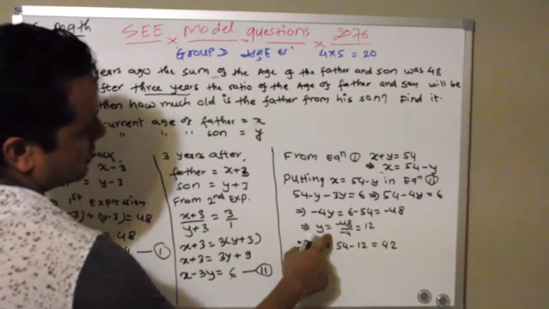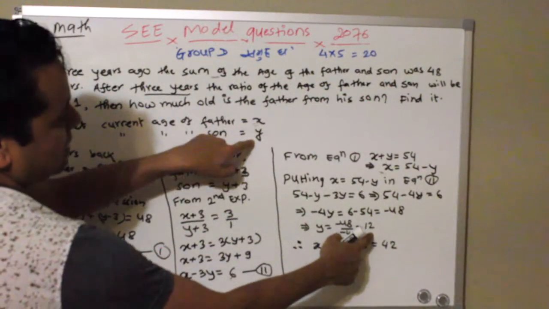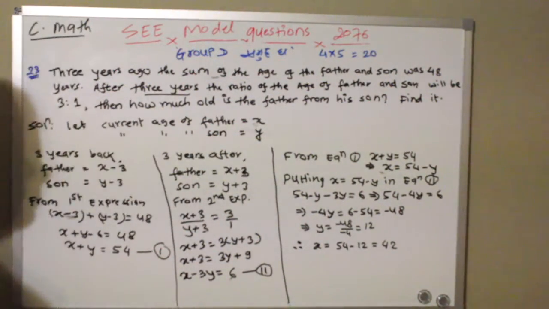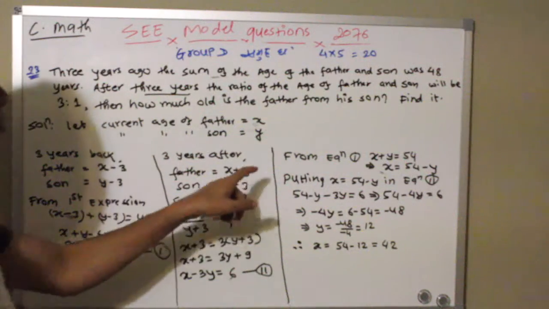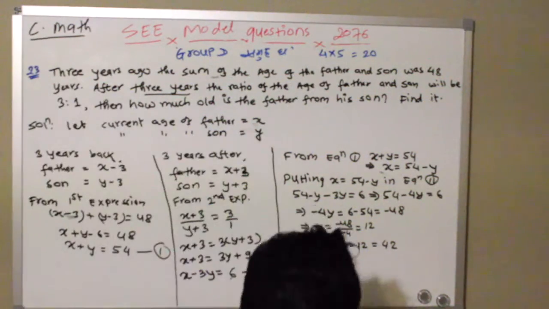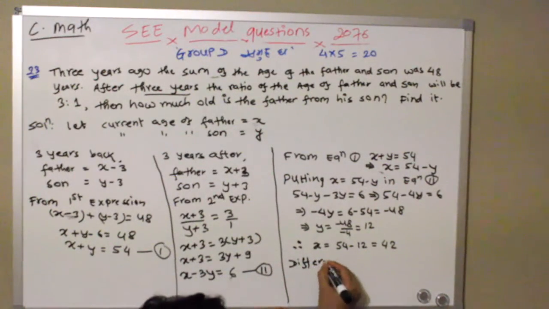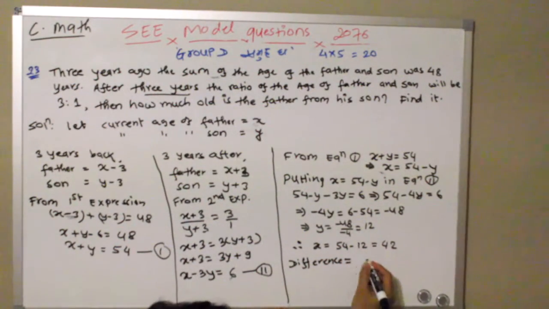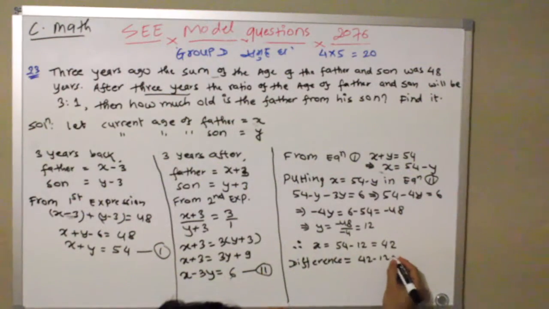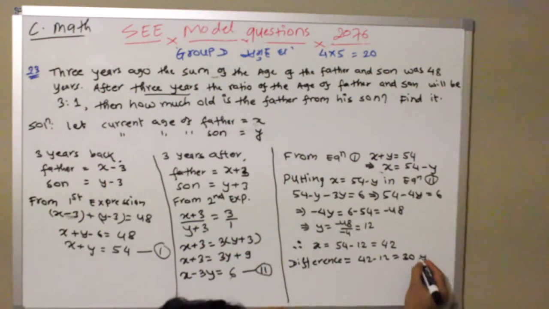Currently the son is 12 and dad is 42. So how much is the difference? How old was the dad relative to his son? The difference is 42 minus 12, which is 30 years.